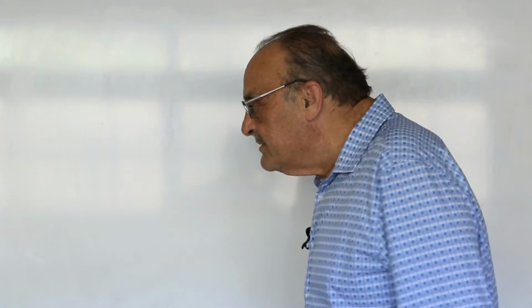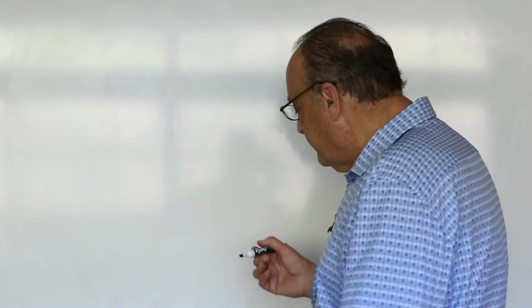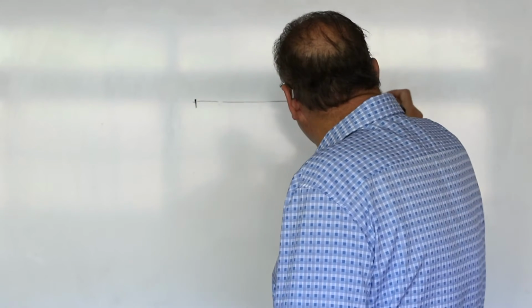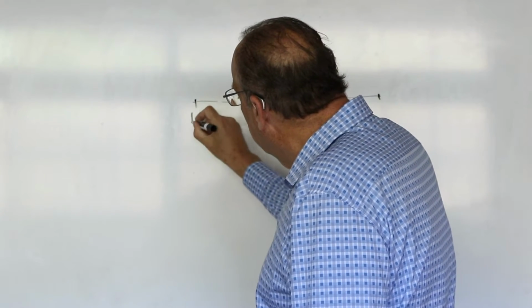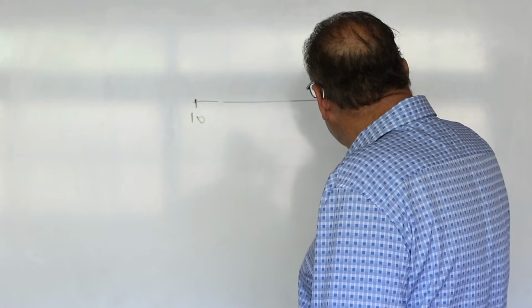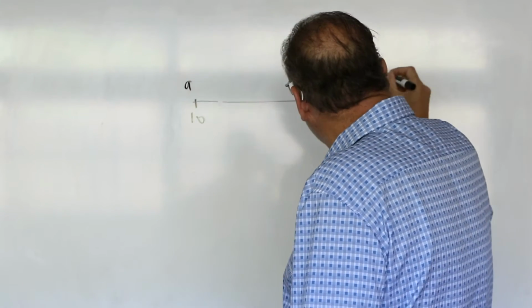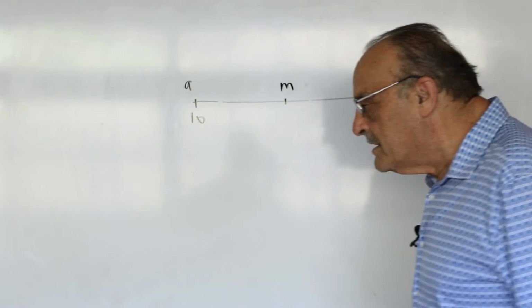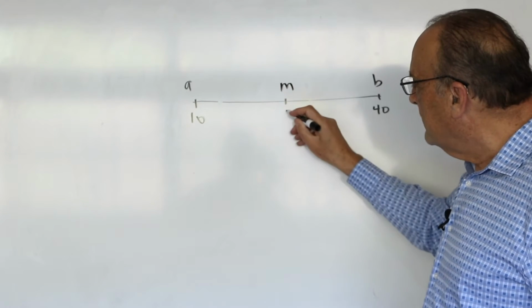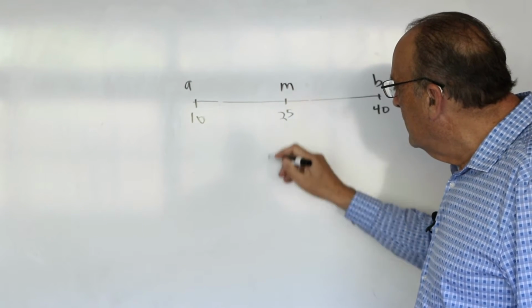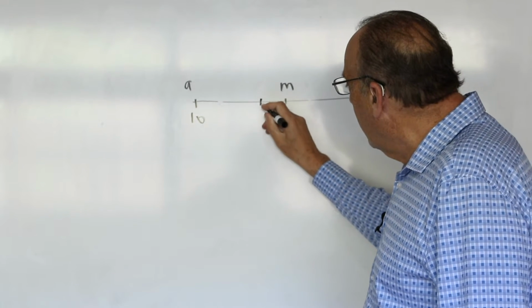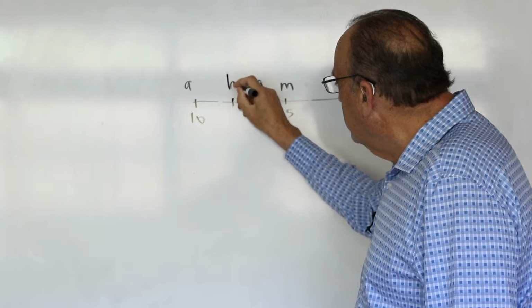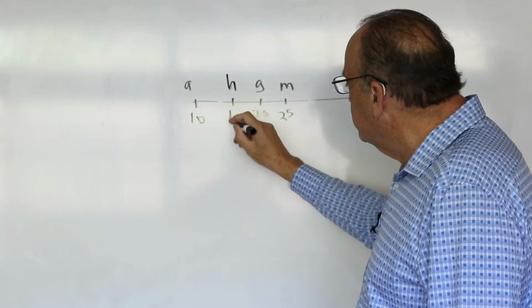In a previous video, I talked about a particular example where we had 10 and 40 being two numbers A and B, and the arithmetic mean, which I call M, was 25. And the geometric mean was 20, and the harmonic mean was 16.